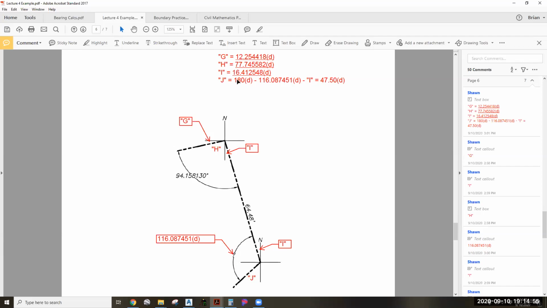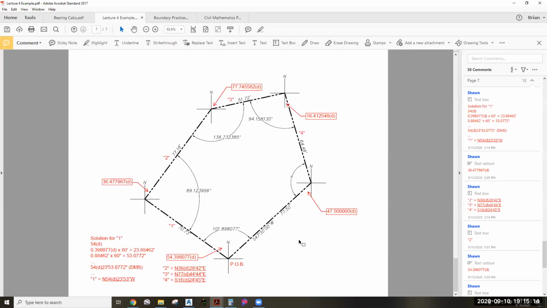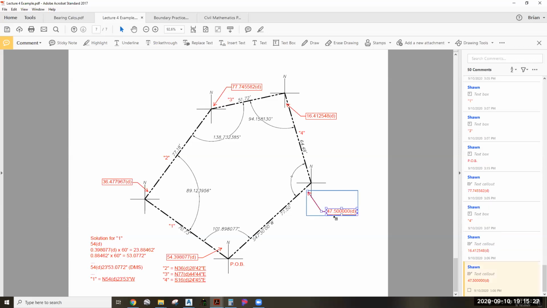So I take 180 minus I, because I know what I is, minus 116 and some change is J. And I come out with 47.5 degrees. 47.5 degrees is the same as 47 degrees 30 minutes, so I know that's correct. If I came up with anything other than 47.5 degrees, I knew I made an error somewhere along the way.